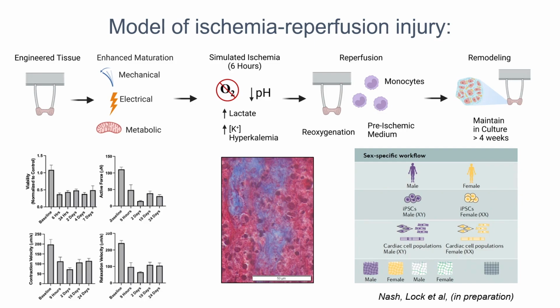And you see here at the bottom left that actually many of the parameters from viability to active force go to about 50%. This is what we determined. We actually developed this protocol pretty empirically to result in this 50%, which is what you see clinically.